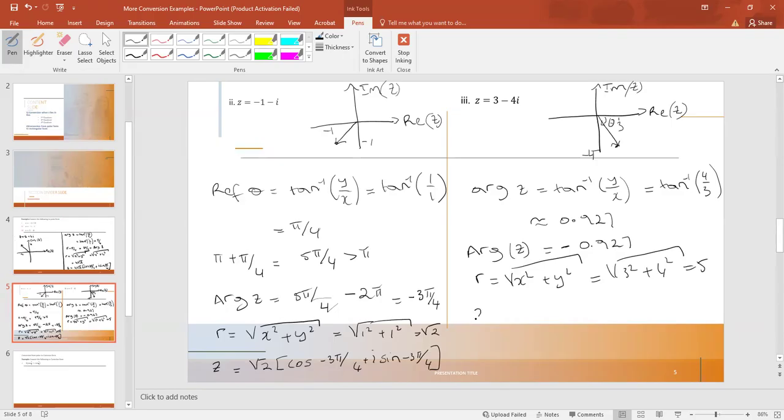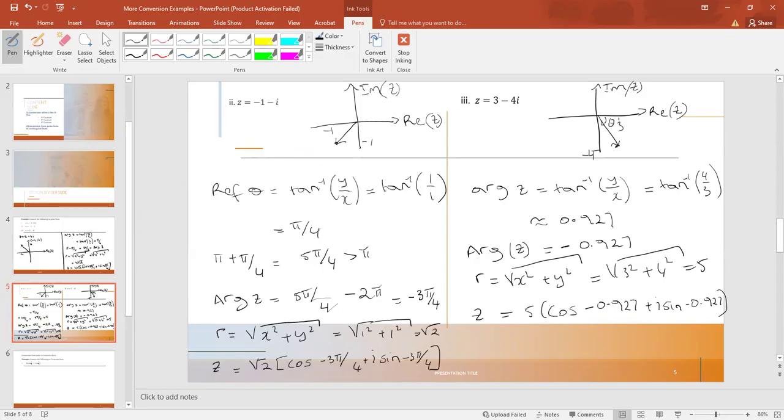Therefore, our complex number in the polar form will be 5 times cosine of minus 0.927 plus i sine of minus 0.927. That's it, as simple as it is. So this is how we convert a complex number from rectangular to polar form given the respective quadrants we've encountered.